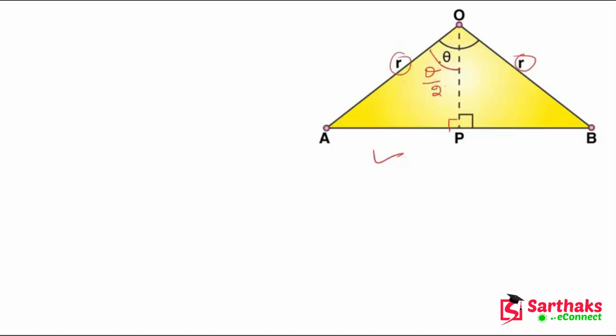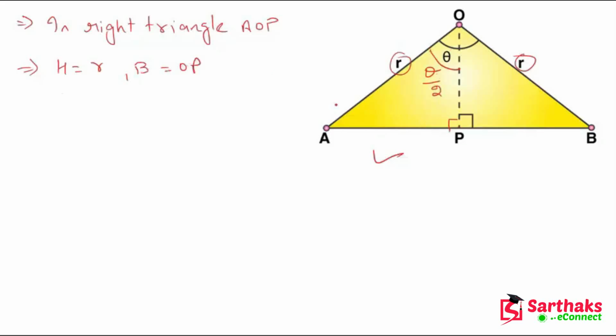Now in right triangle AOP, the right angle is at point P. In this case, hypotenuse we have radius, base we have OP, and perpendicular we have AP.